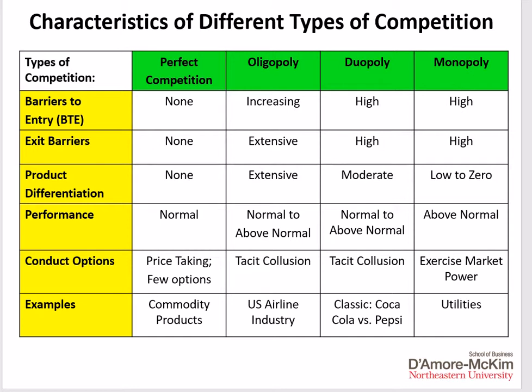In a monopoly, we tend to see an aggressive monopoly where firms will try and protect their power. And then the last row gives you some idea of the nature of industries that might exemplify these situations. So perfect competition you see in more commodity type products. In oligopoly situation, you might see U.S. airlines where it's dominated by a small handful of players.